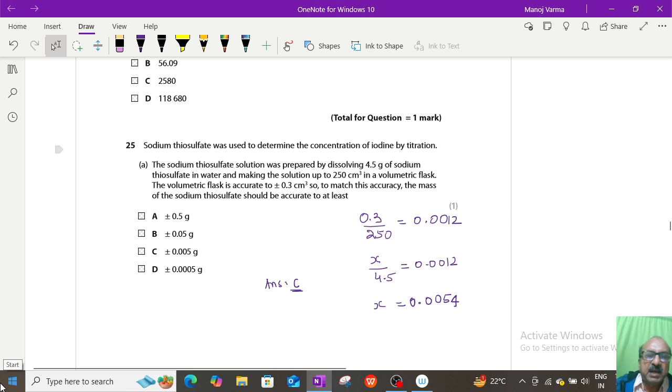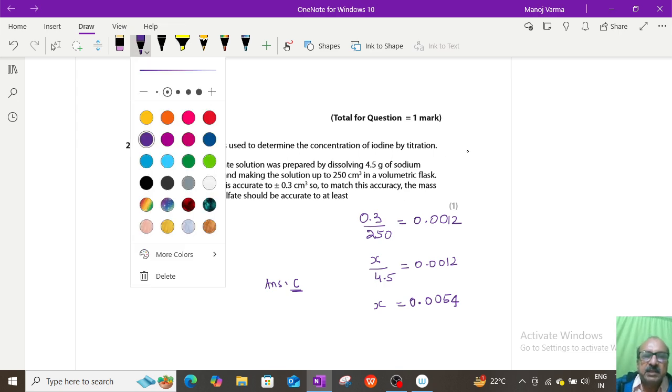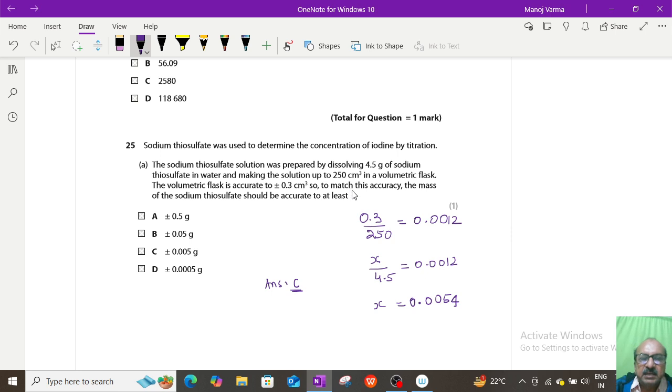The idea behind this is that you find out the relative uncertainty. The relative uncertainty or the percentage uncertainty, it does not make a difference. The relative uncertainty for the volumetric flask is 0.3 over 250, which is 0.0012.